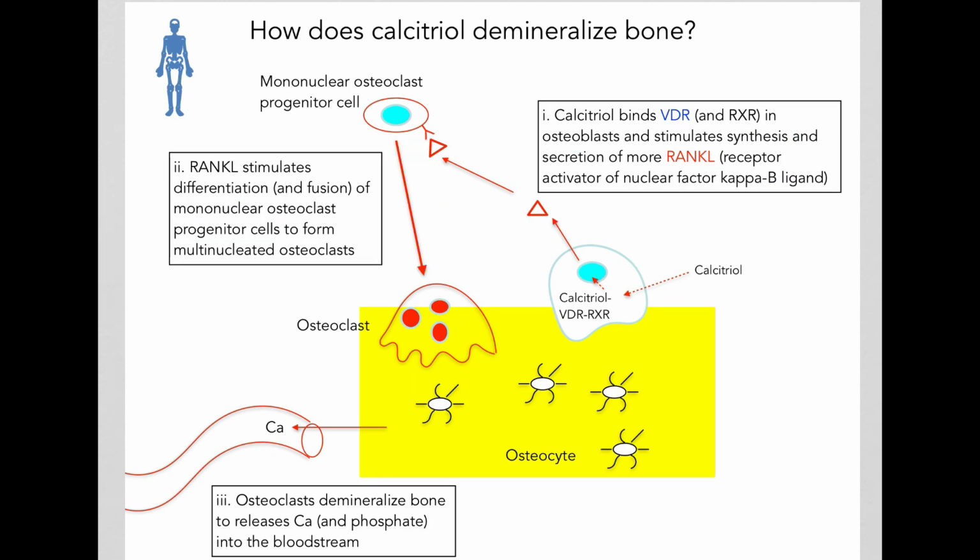So as more and more of these osteoclasts are formed, these are the cells, remember, that demineralize bone. So they will break down the bone and release calcium as well as phosphate into the bloodstream. So that's how calcitriol breaks down bone to increase serum calcium levels.